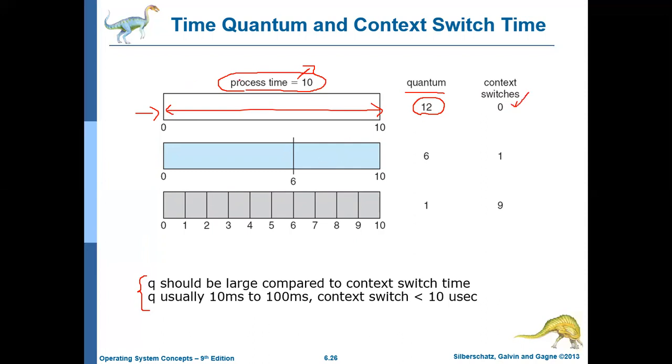Consider the other case. Initially I said there is only one process, but that is not necessarily the case. It can have more than one process also. Let the queue contain some processes, but this is the first process. Now let us assume the time quantum is reduced to 6 milliseconds. Then what will happen?